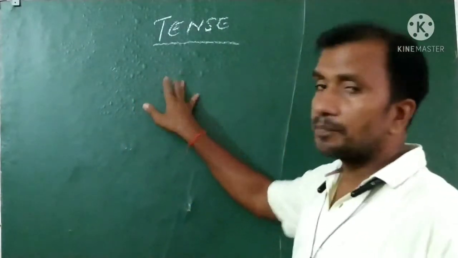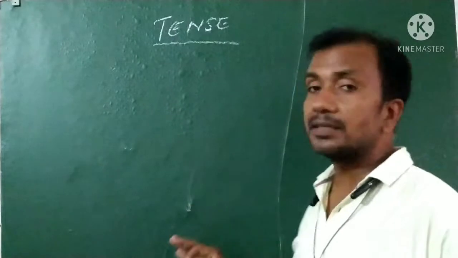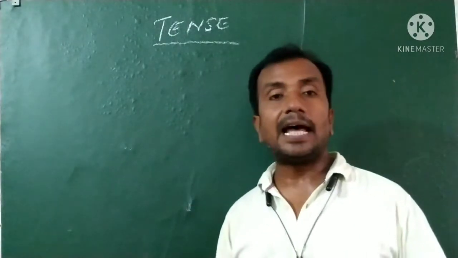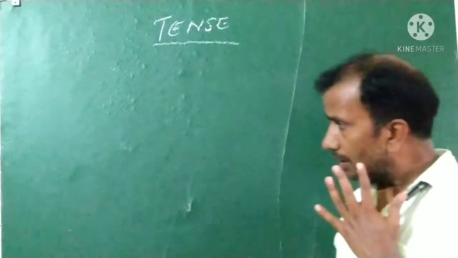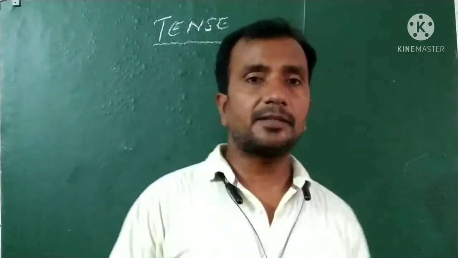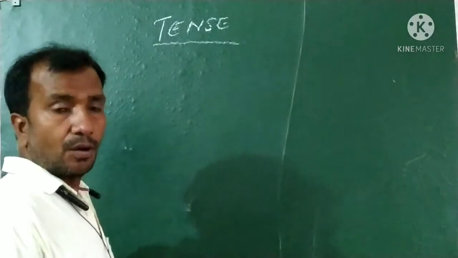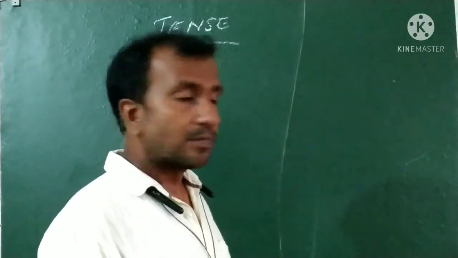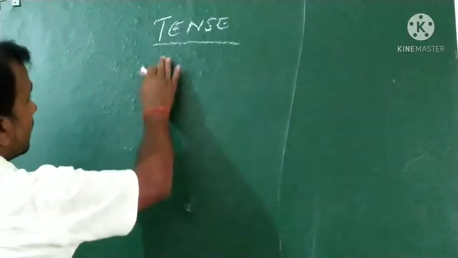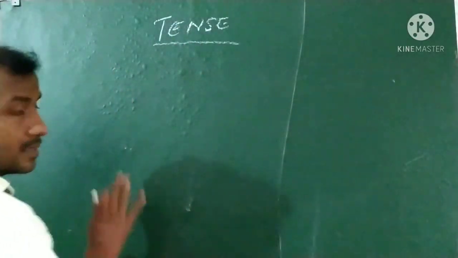And the definition I have mentioned in our live class, and you have taken the screenshot of that. So students, make notes from the live classes, and now I am going to discuss what tense is.